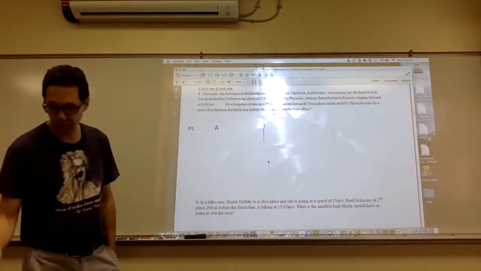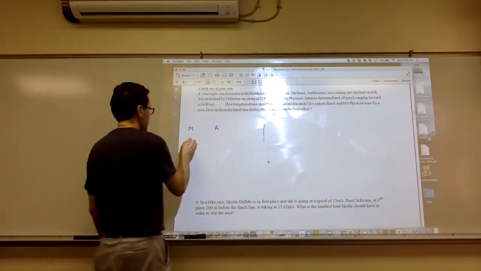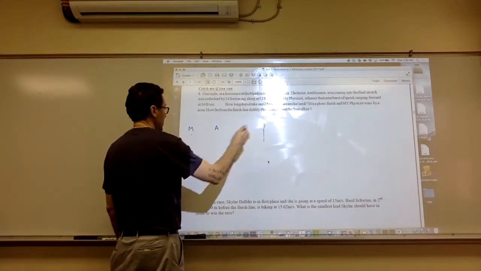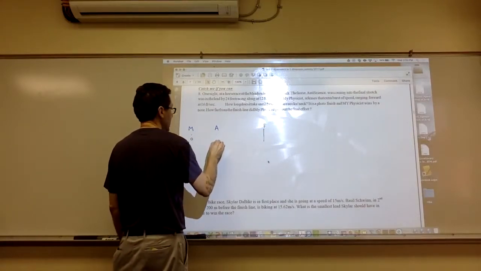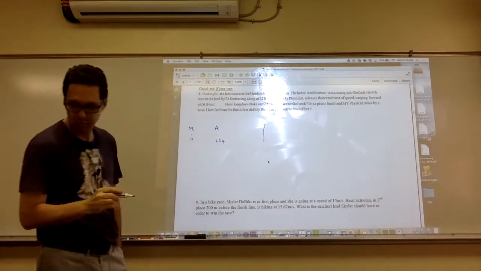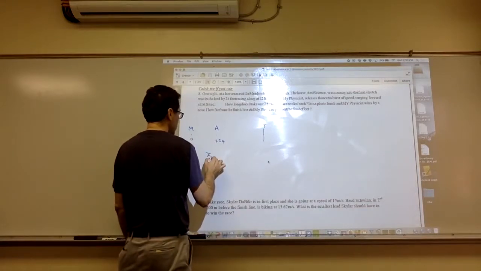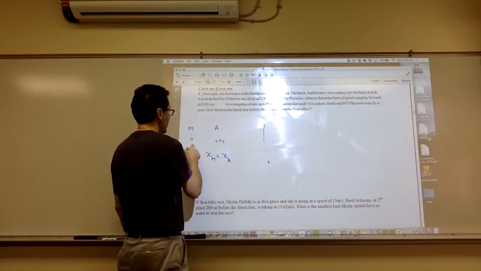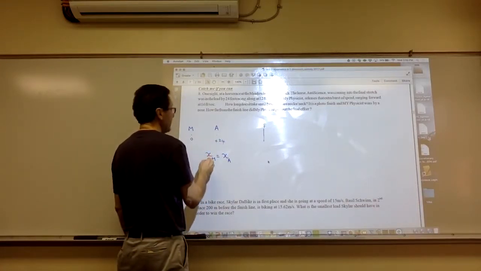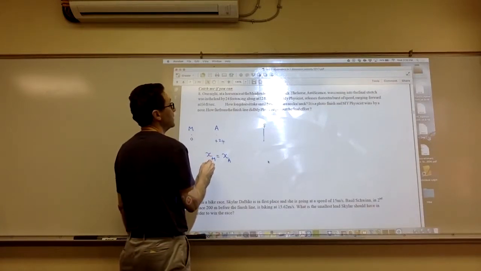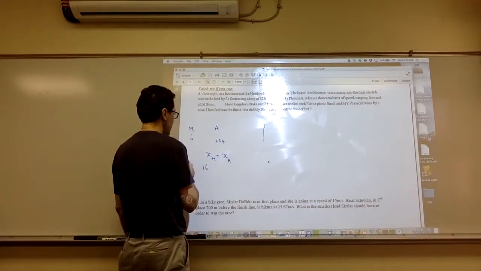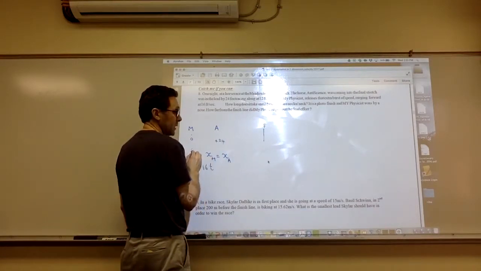So I have to follow exactly what I did here. So in here, I thought of this as a number line. So I picked this as 0. This guy is at the positive 24 meter mark, or 24 feet mark. Okay. Now their positions have to be equal at the end. So for my physicist, he was going at 16 feet per second for a certain amount of time t, which is the same as the time for Anti-Science.